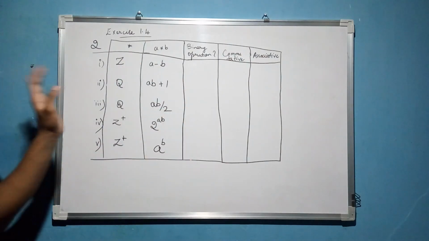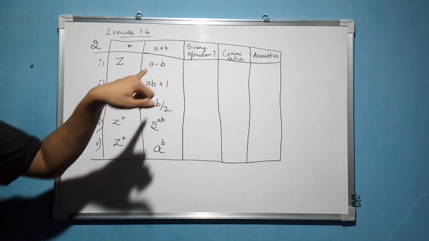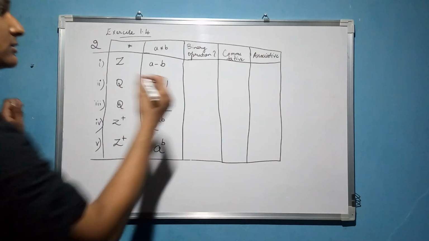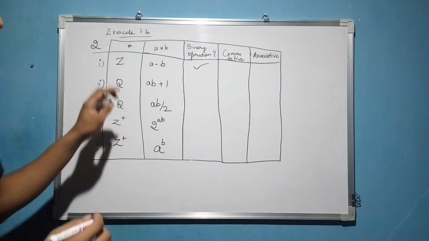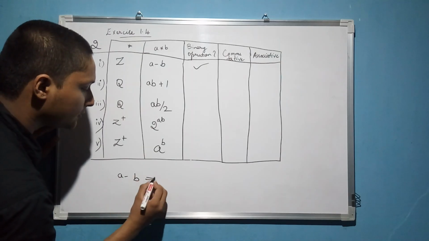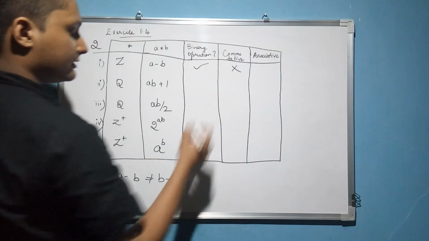So the first one is a similar one. This is the set of integers and this is subtraction. It is a binary operation because all the numbers are included within that. Is it commutative or not? A minus B is not equal to B minus A, they are not equal, so it is not commutative.